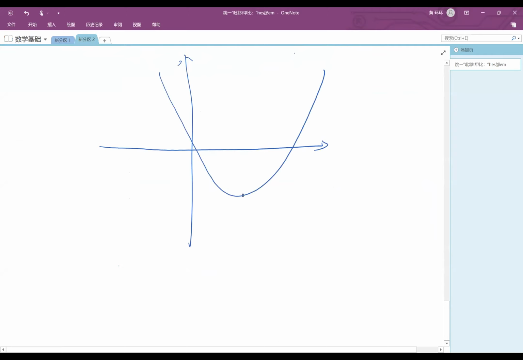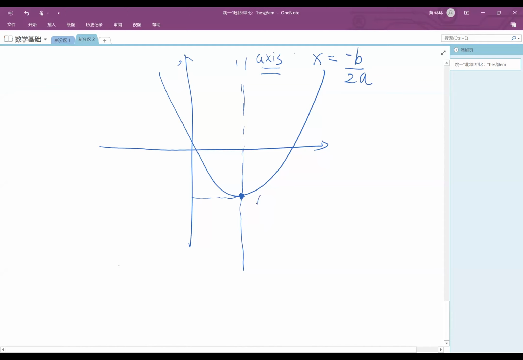To compute the vertex, the x coordinate and the y coordinate, we see the x coordinate. This is the axis. So let's see. On this axis, and this is the axis of this parabola, and the axis is x equal to negative b over 2a. So this point is on this axis.